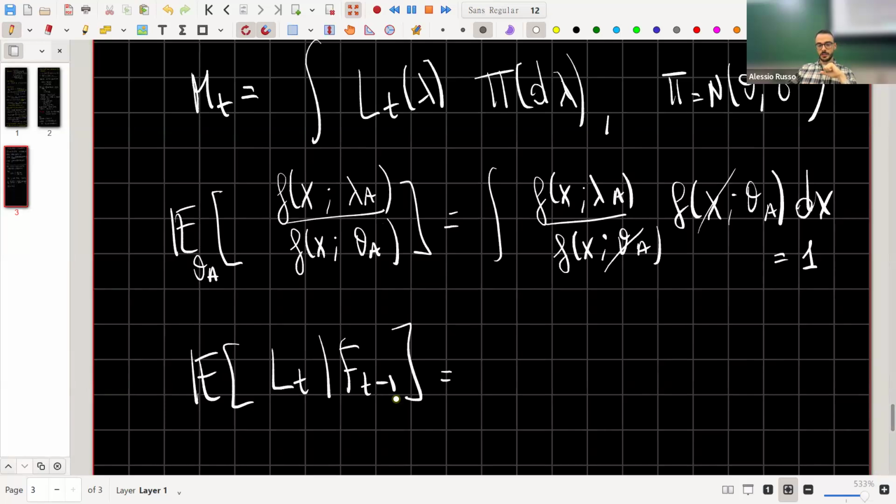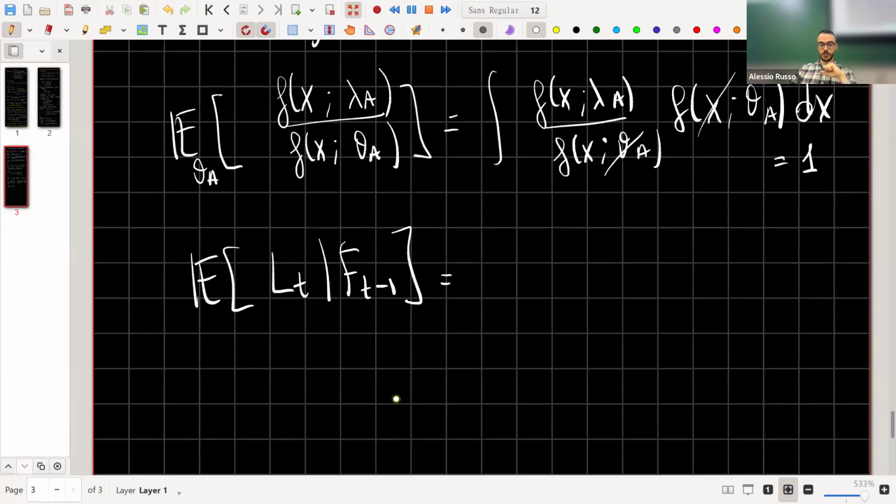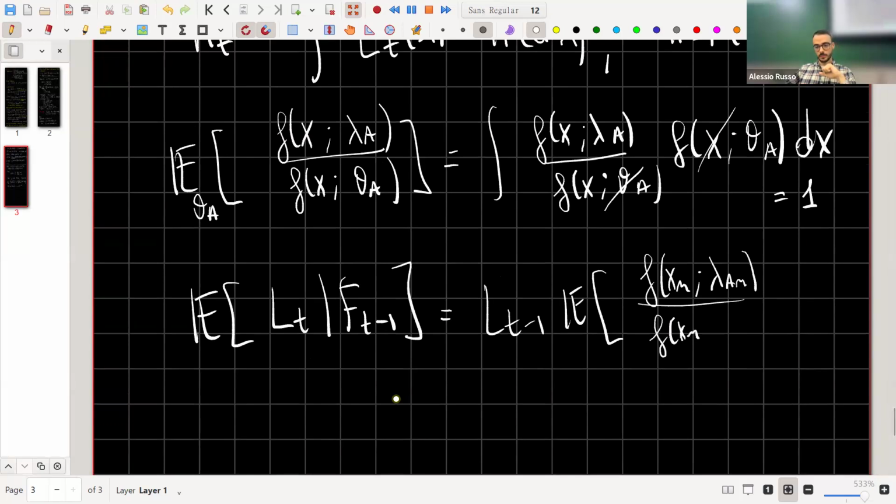Now we can use this property. L_t is a product, right? It's a product of these ratios. So this is also equal to L_{t-1} times the expected value of the ratio at the last time step, which is simply equal to 1, and so we are left with L_{t-1}.